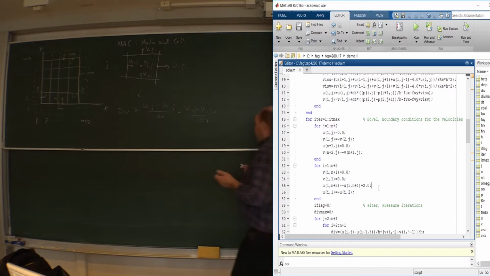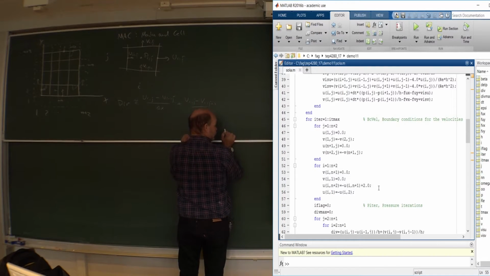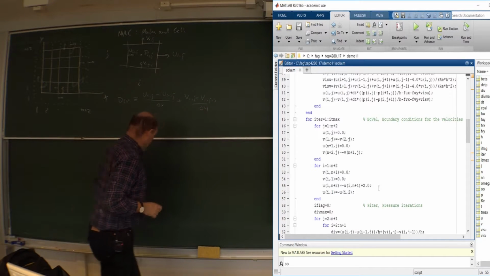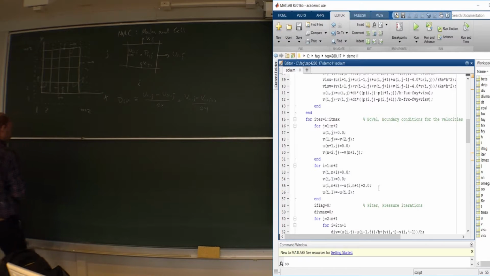Now let's play around with the geometry. I want to simulate the following. The flow between two parallel plates. Both of them are standing still. Then I send in a constant velocity profile, u equals 1, non-dimensional.